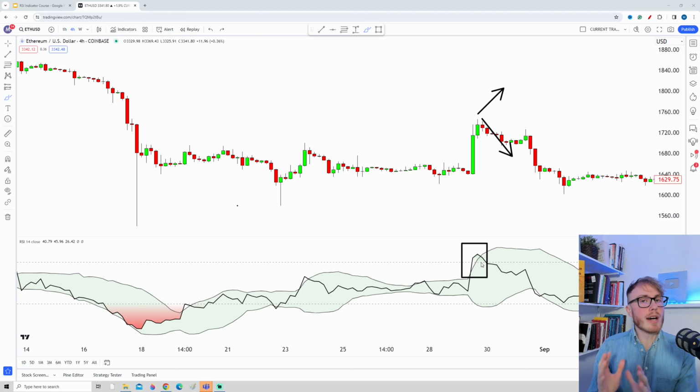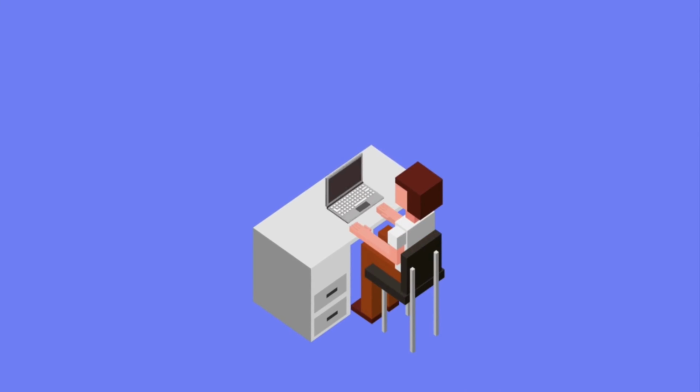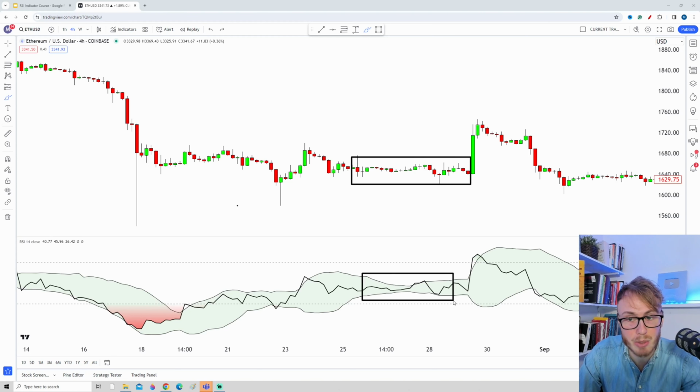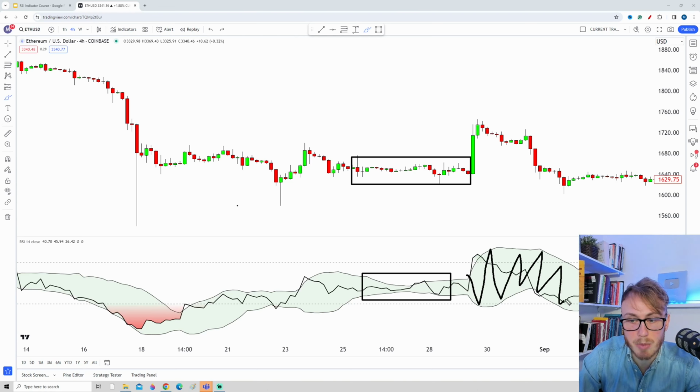But for more advanced traders, these kind of moves can actually be opportunities. Because how do we as traders make money? Well, we don't make money from movements like right here when the RSI was just going sideways. We as traders make money from volatility. So we make money from the price moving up and down a lot. That is where we can find opportunities. So advanced traders can actually see these types of movements as opportunities for trades.